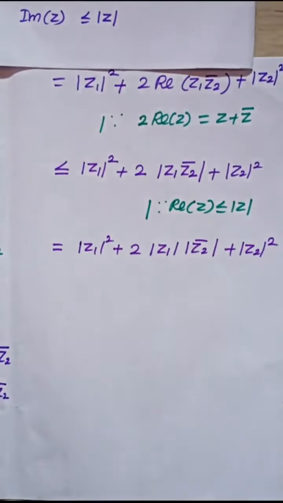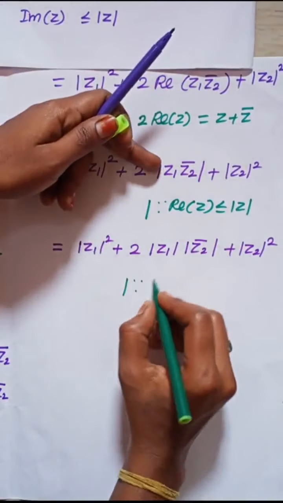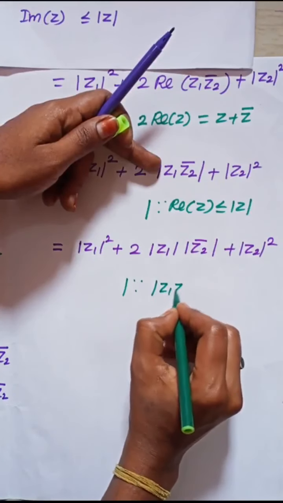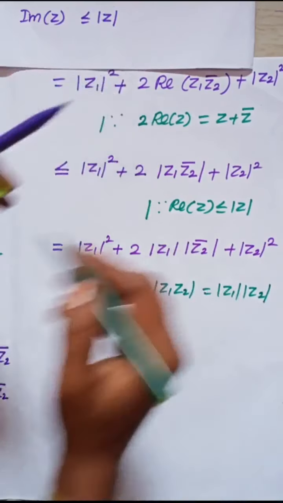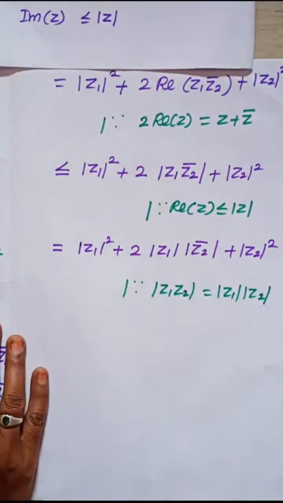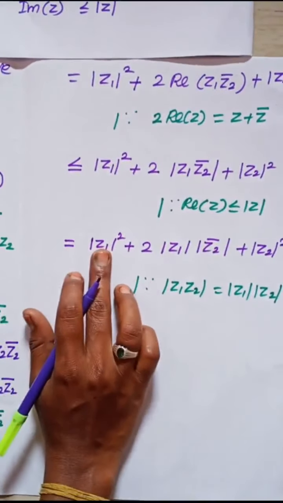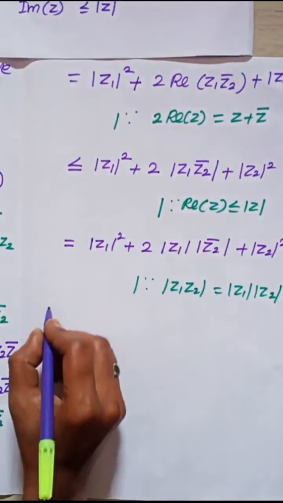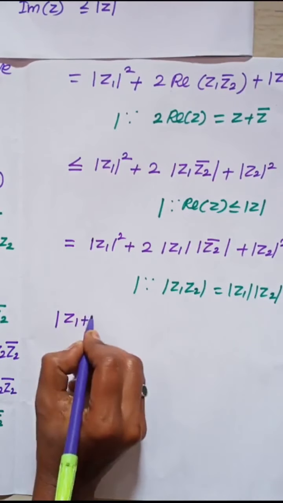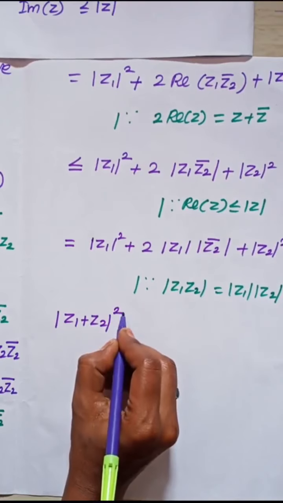Here we use the result: modulus of z1 into z2 we can write as modulus of z1 into modulus of z2. Next, see, which is in the form of a square plus b square plus 2ab. So what is the left hand side? Modulus of z1 plus z2 the whole square.